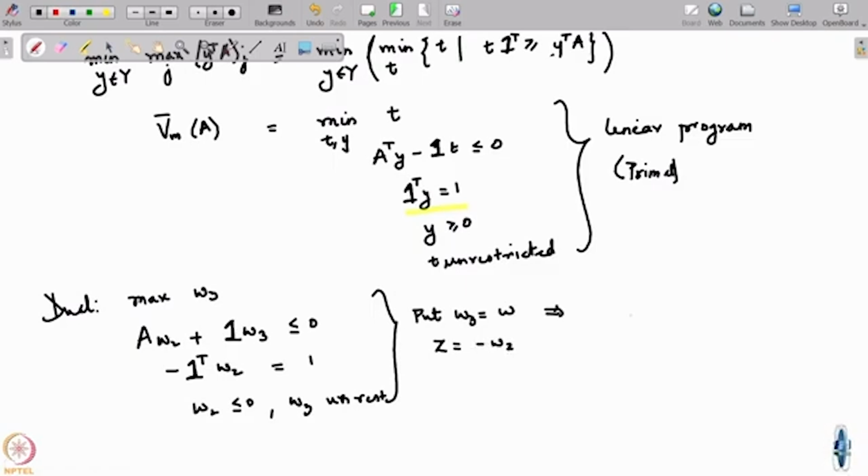Then the dual problem becomes max over W, A times Z greater than or equal to 1 times W, 1 transpose Z equal to 1 and Z greater than or equal to 0, with W unrestricted.